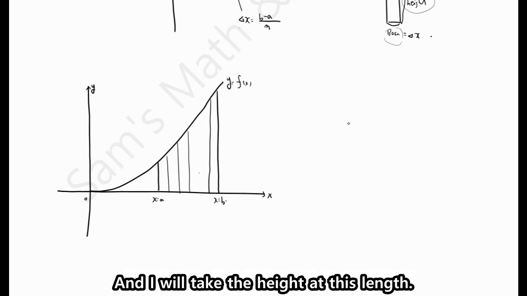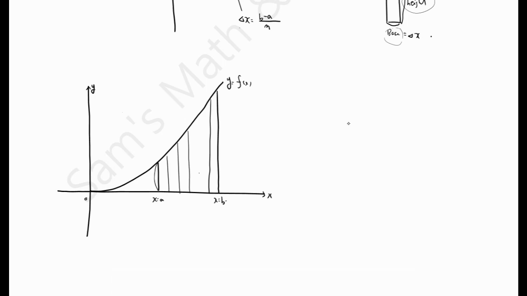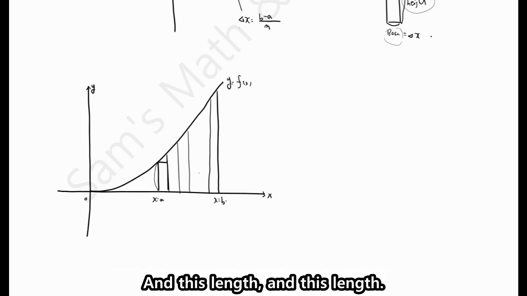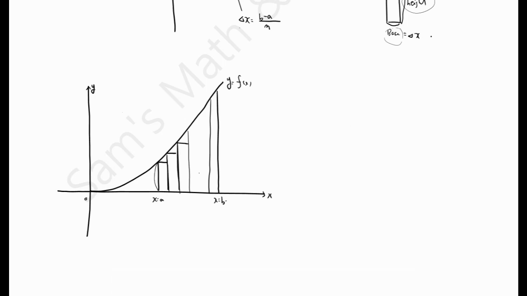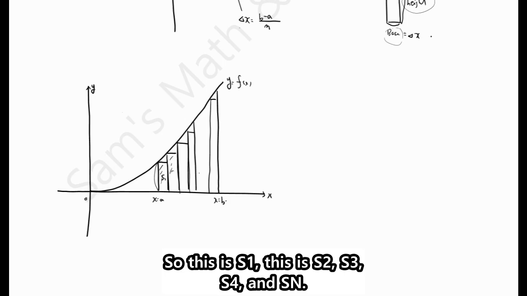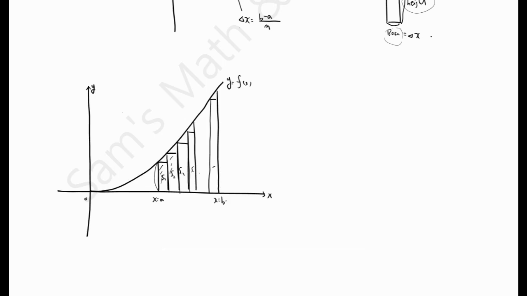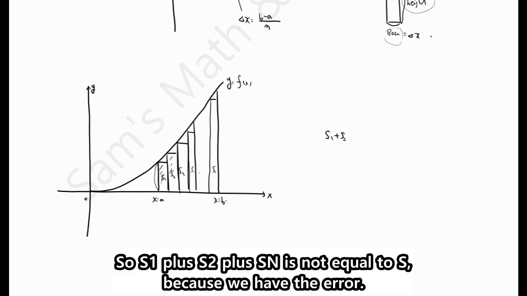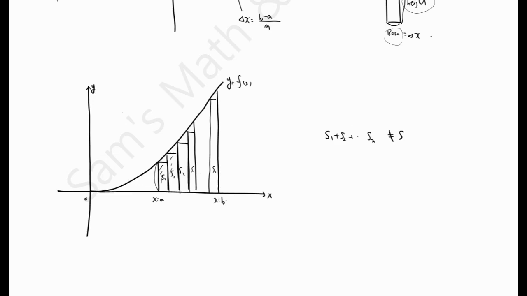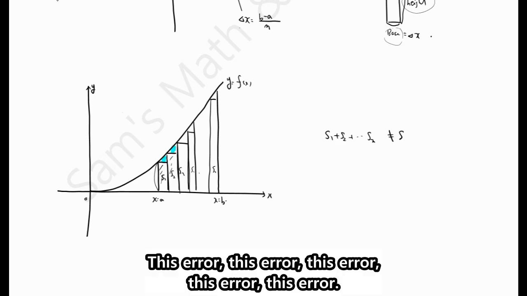I take the height at this length, and this length, and this length. So this is S1, S2, S3, S4, and Sn. So S1 plus S2 plus Sn is not equal to S because we have the error, this error, this error, and so on.